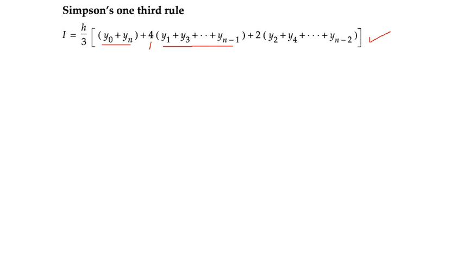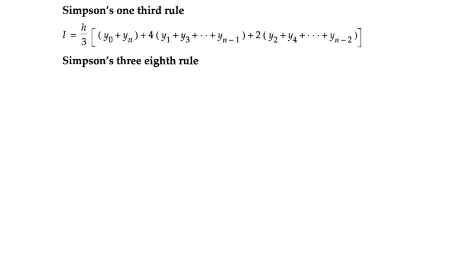Can you observe? y1, y3, then next will be y5, y7 and so on till the end, plus 2 into even numbers, y2, y4 and so on till the end. And here we have taken the first value of y and the last value of y. So in this way we can write the formula for Simpson's 1/3 rule.